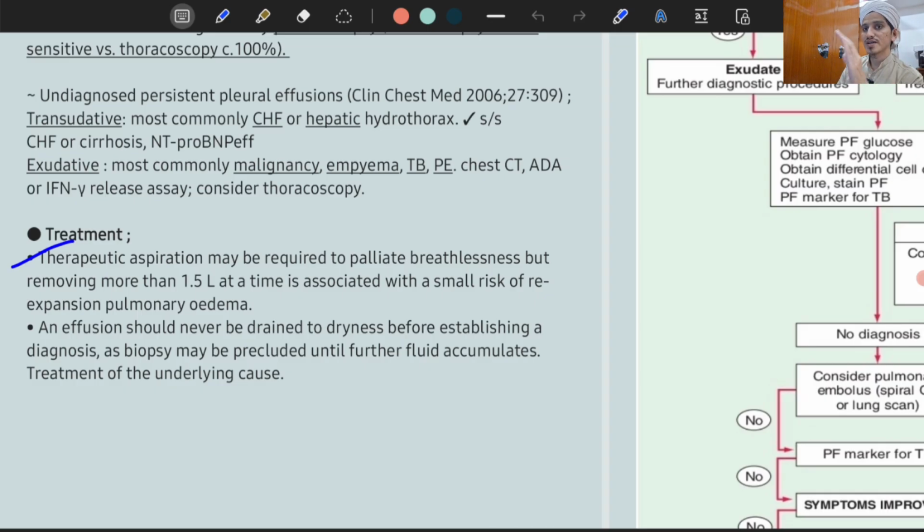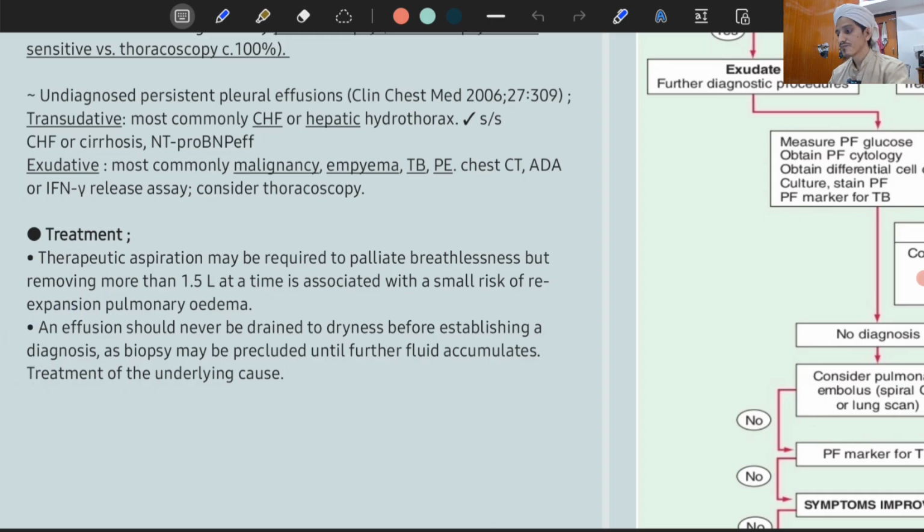Therapeutic aspiration is to palliate the symptoms. Along with aspiration, treat the cause. The main thing is treat the cause, and the effusion will go off. And effusion should never be drained to dryness before establishing a diagnosis, as biopsy may be precluded until further fluid accumulates. So the main treatment is the treatment of the underlying cause.